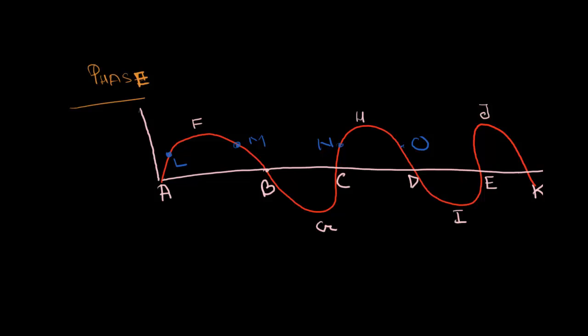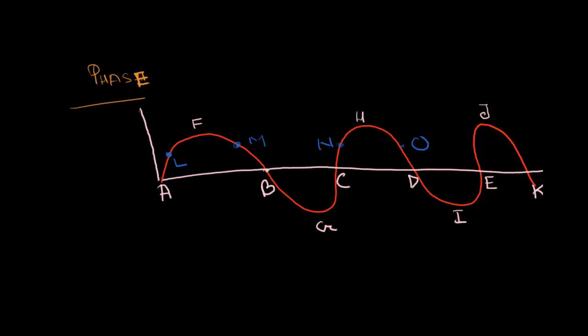Why aren't they in the same phase? For the particle at A and for the particle at B, both have the same displacement, which is 0, but at A the particle is going up and at B the particle is going down, so the phase of these two points are not the same.